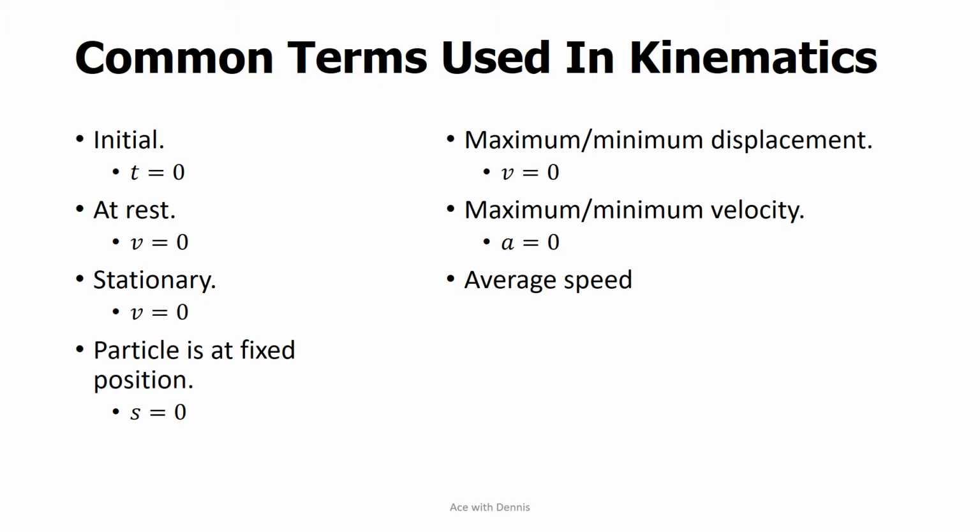Average speed. When we want to find average speed, the formula is average speed equals total distance traveled over total time taken. Please remember all these common terms used in kinematics.